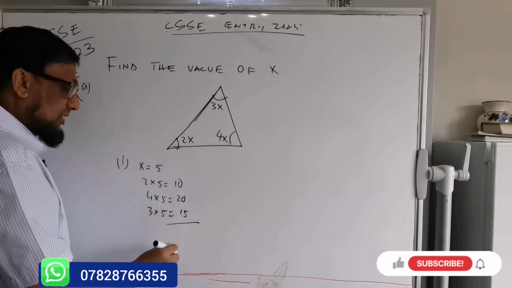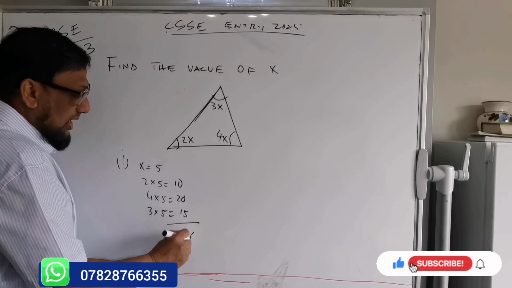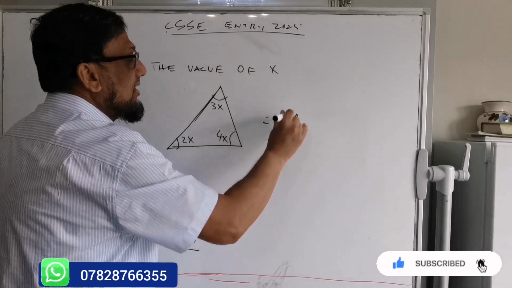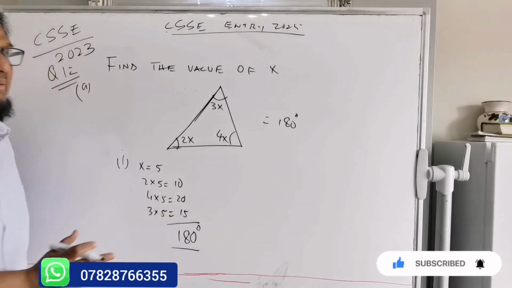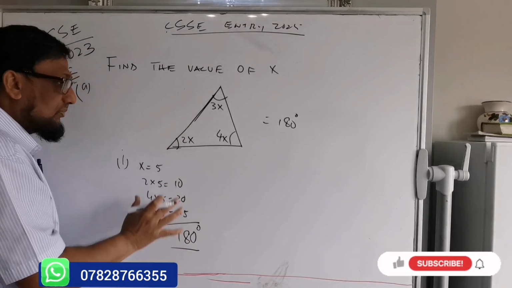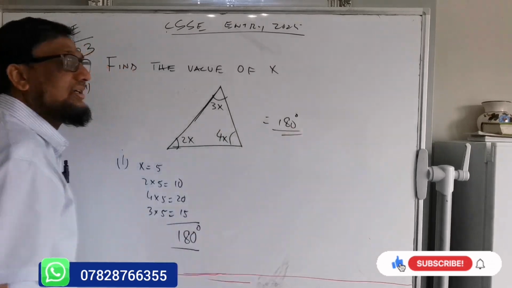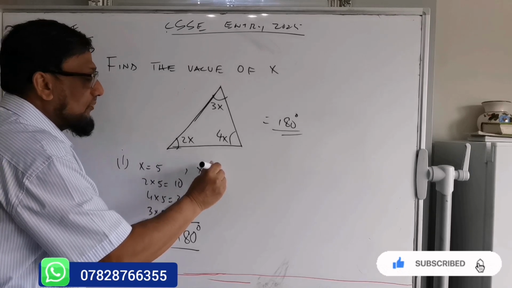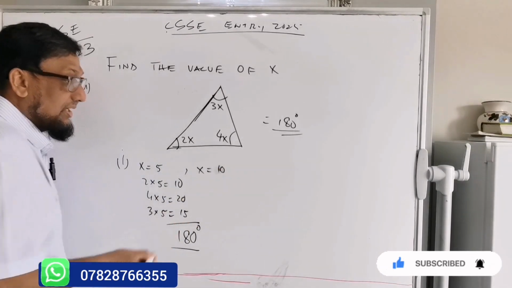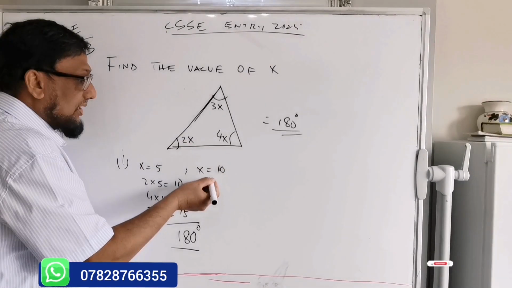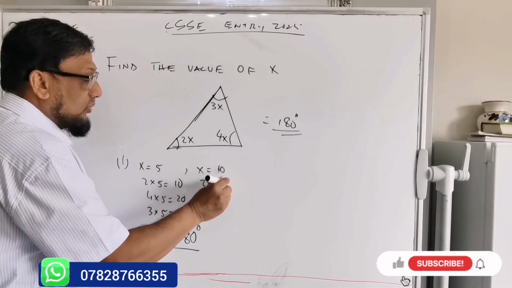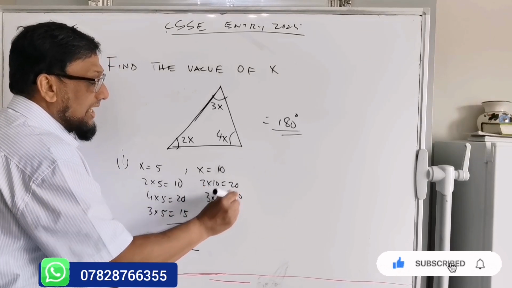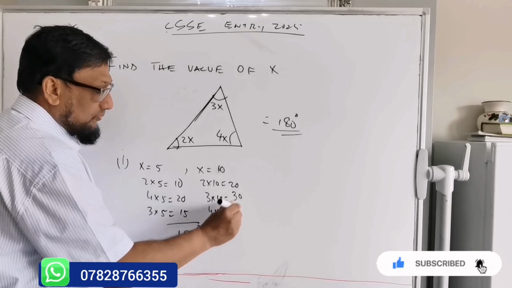If you sum these up, you can't make it equal to 180 degrees, because the sum of a triangle equals what? 180 degrees. So you need to assume a number such that when you add up the angles, you get 180 degrees. For the second number, I can assume x equals 10. Then 2 times 10 is 20, 3 times 10 is 30, and 4 times 10 is 40.